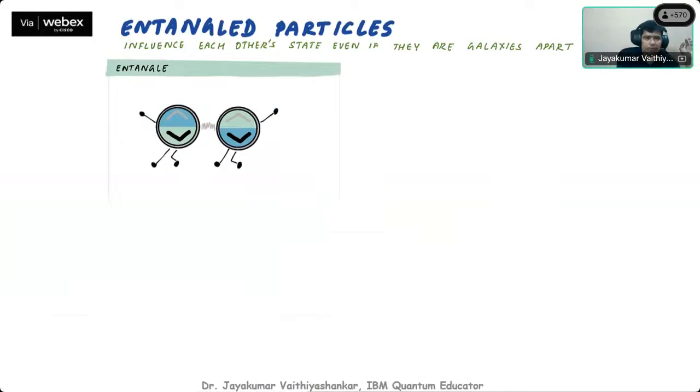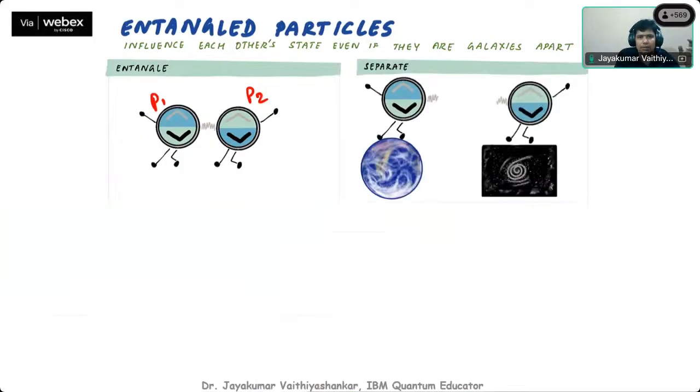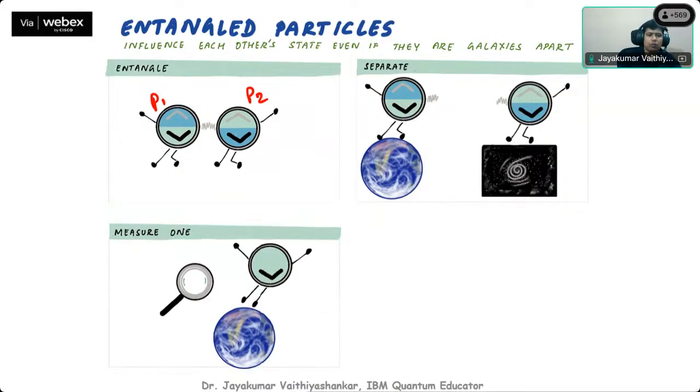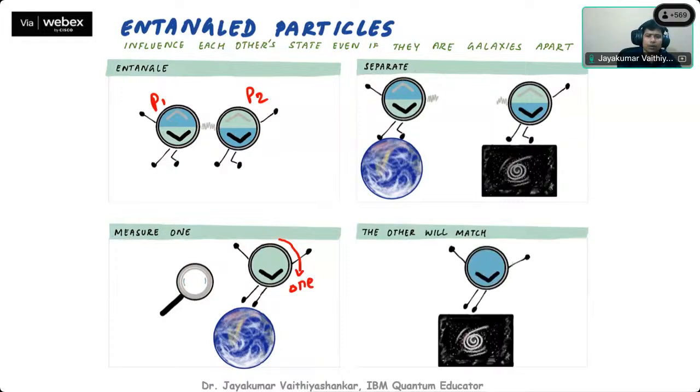Take an example of P1 and P2. This is particle 1, this is particle 2. If they are strongly correlated, then you change the rotation, the state, of one quantum particle. Let's say it is pointing to 1. The other quantum particle also matches the same state, 1.